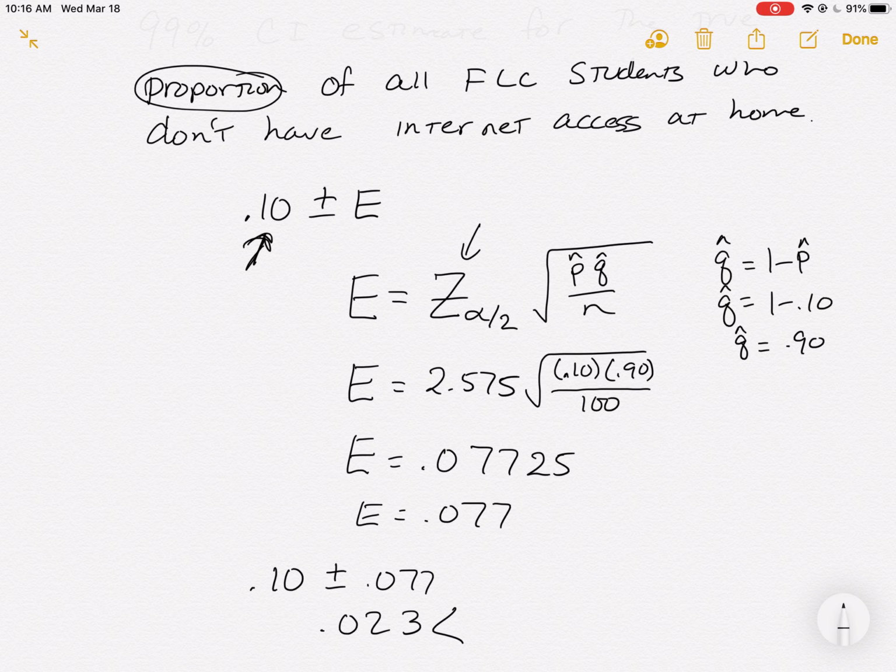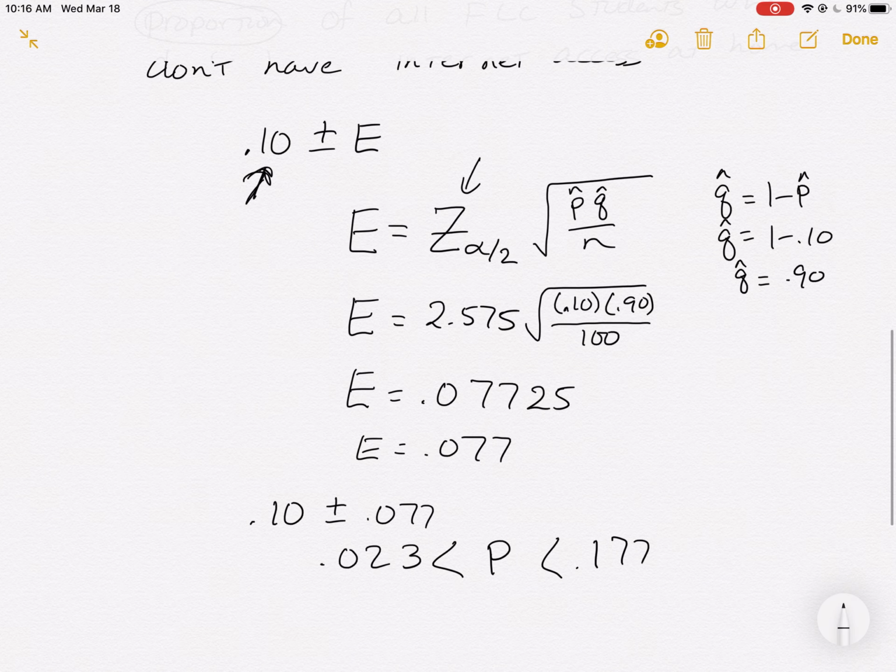And if I add the 0.077, I get 0.177. So the true proportion P lies somewhere between 0.023 and 0.177, or the sample percentage of those that don't have internet access at home could be anywhere between 2.3% and 17.7%.